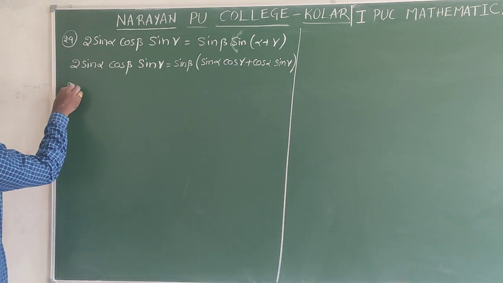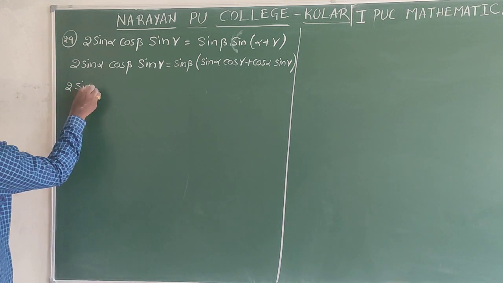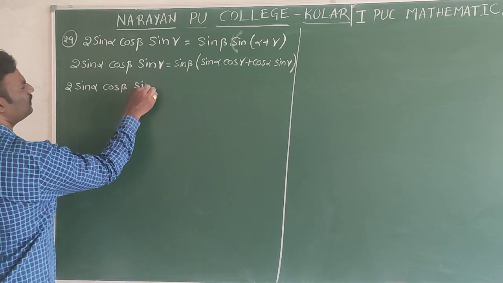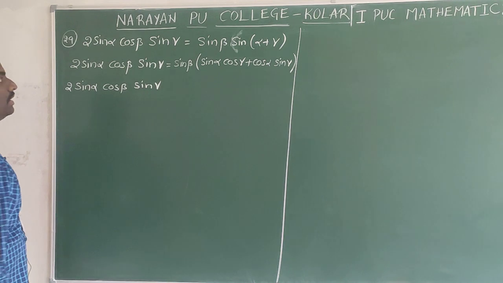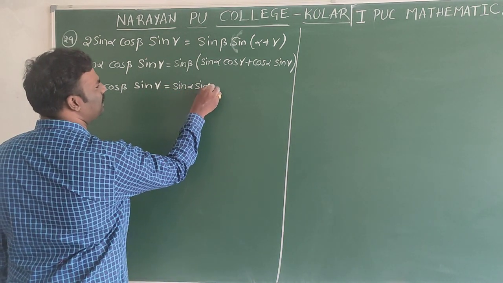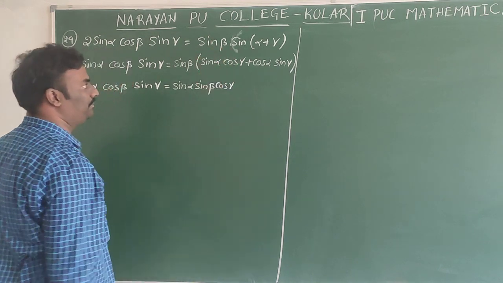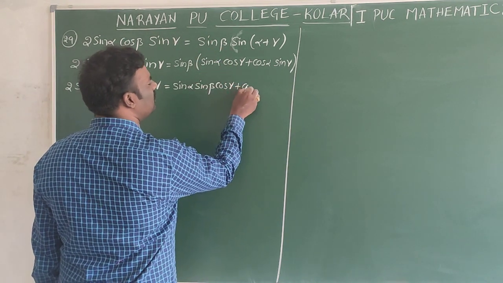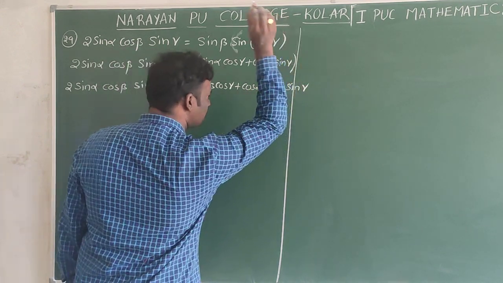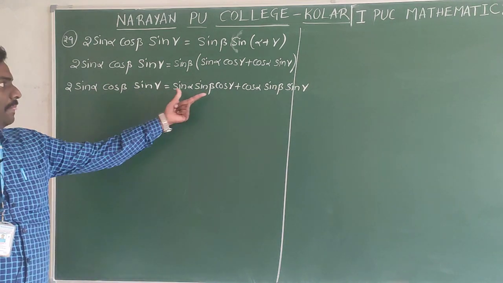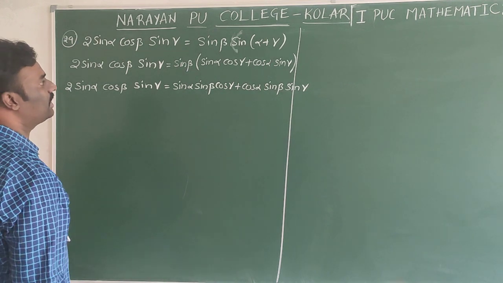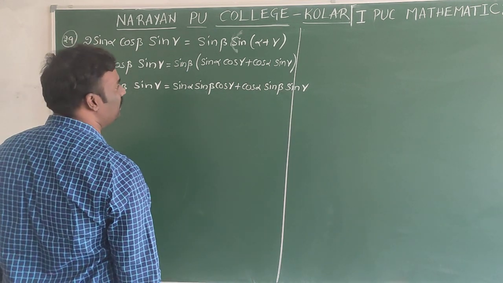Now this can be written as 2 sin alpha cos beta sin gamma is equal to sin alpha sin beta cos gamma plus cos alpha sin beta sin gamma. See here, I can take sin beta sin alpha cos gamma, cos alpha sin beta sin gamma.